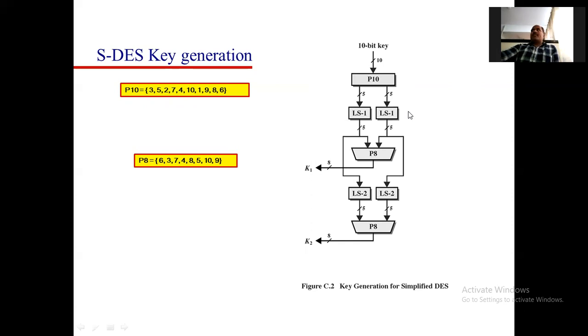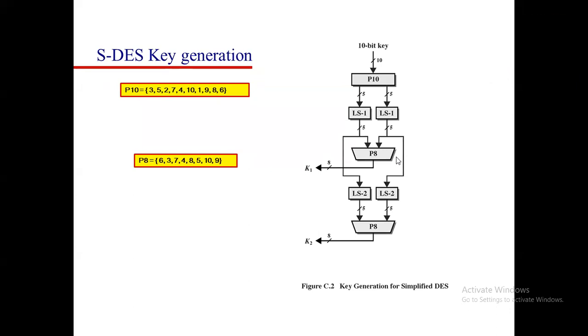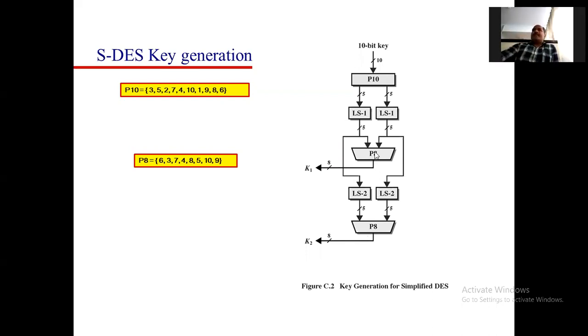And P8 is the permutation on 8 bits. Again LS-2 stands for the left shift by 2 bits, and again P8 is the permutation on 8 bits.